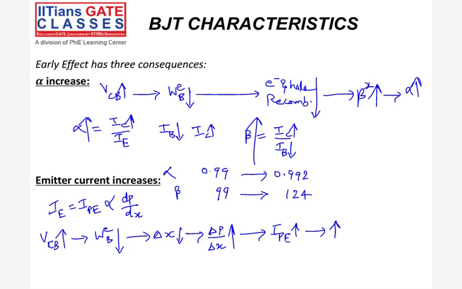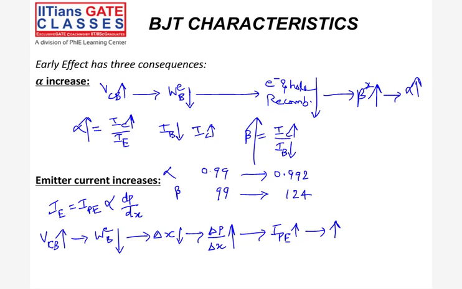So here we can see emitter current is also increased with this reverse bias voltage. So I'll say something. The current passing through the emitter junction also depends upon the voltage VCB applied across the collector junction.